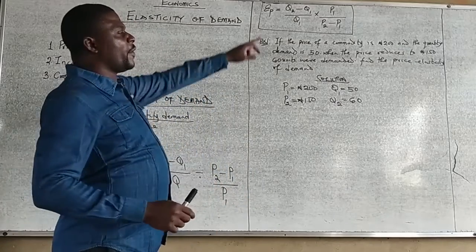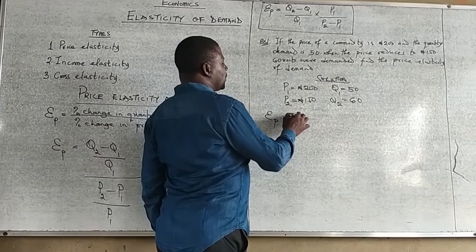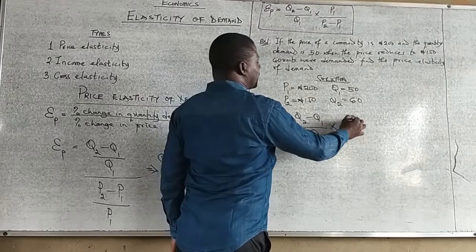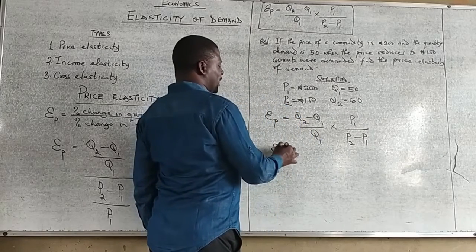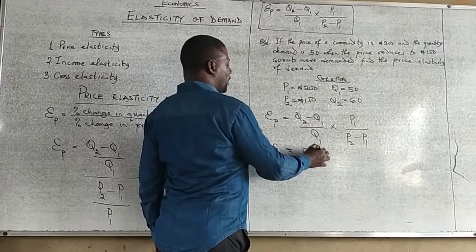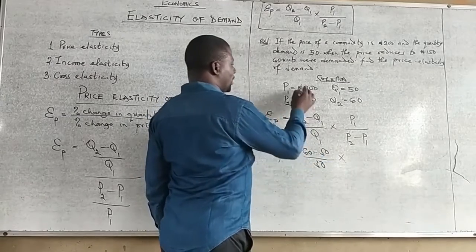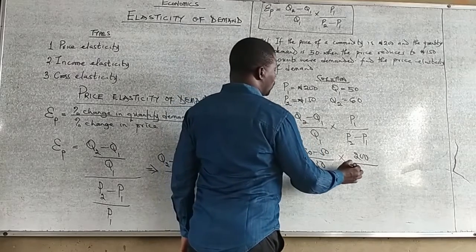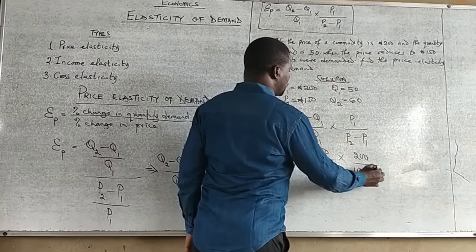So using the formula above, your price elasticity will now be Q2 minus Q1 over Q1 times P1 over P2 minus P1. So your price elasticity is, what's our Q2? 60 minus Q1 50 over Q1 50 times P1 200 over P2 150 minus P1 200.